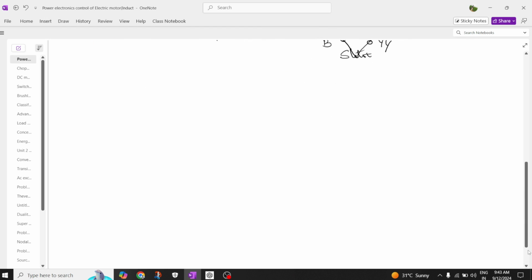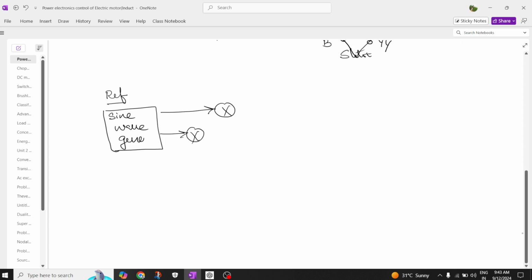In order to do it, we are going to generate the pulses. To generate the pulses, I am taking a reference signal, which is a sinusoidal wave generation. So I have a sinusoidal wave generation, and this is fed to the summers, one for each phase.